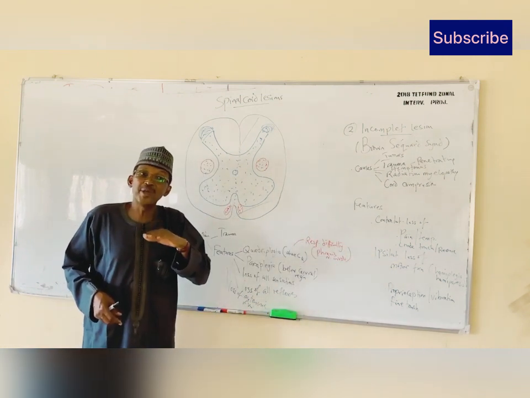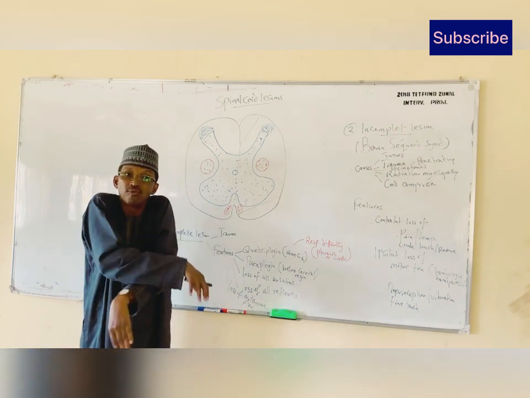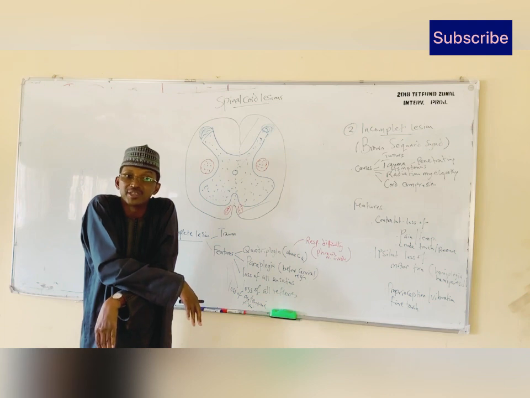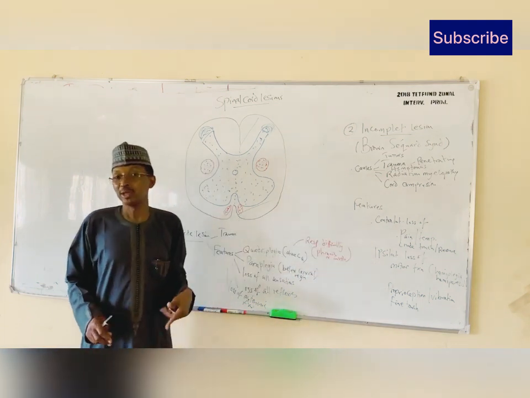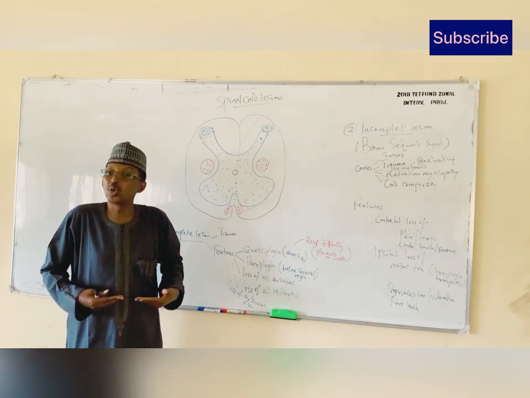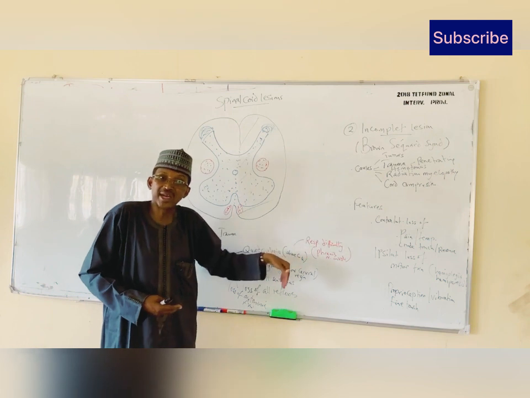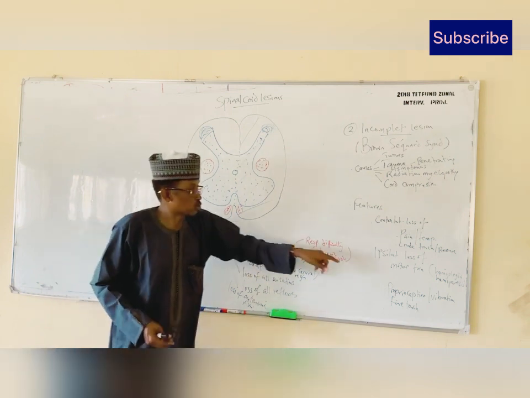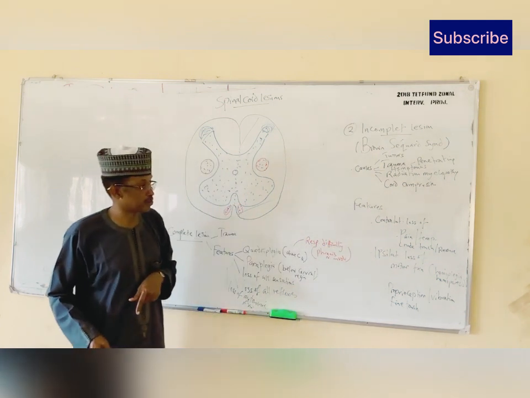But if you have a brainstem transection above the level of the decussation of these pyramidal tracts, then you have a contralateral loss of motor function. But here we're talking about the spinal cord transection below the level of the decussation of the pyramids. That is why we have ipsilateral loss of motor function with regard to Brown-Sequard syndrome.